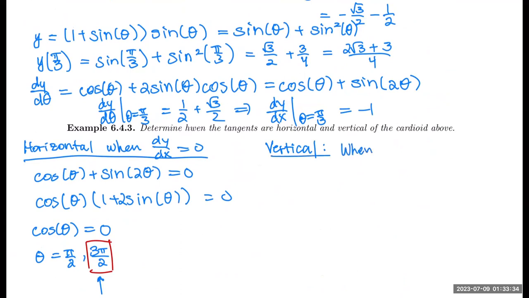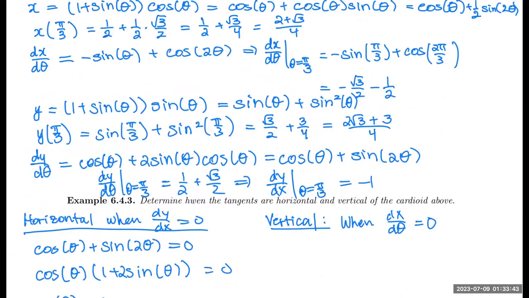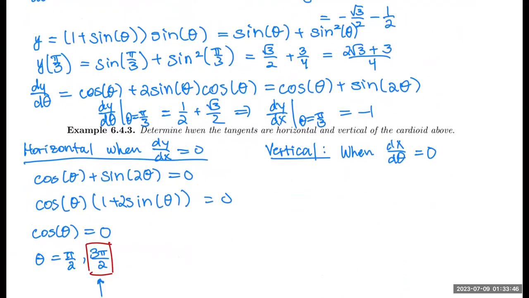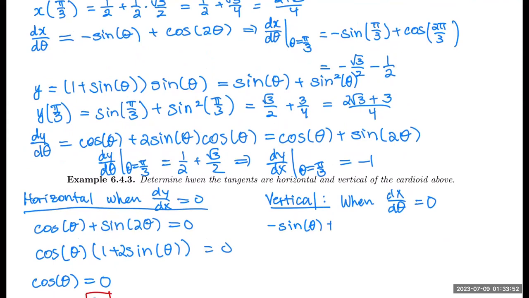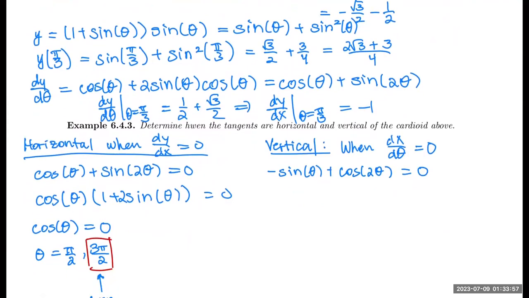Since we found that this is negative sine theta plus cos 2 theta, equal to 0, we have to solve this equation. Changing cos 2 theta to cos squared theta minus sine squared theta, we have negative sine theta plus cos squared theta minus sine squared theta equal to 0.